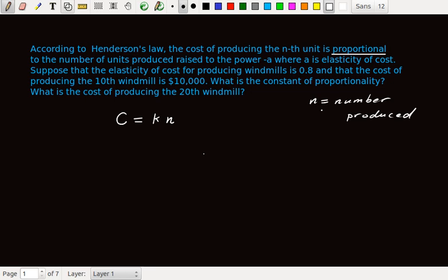Always a good idea to keep your variables labeled. N raised to the power minus A. So here we're going to take as our power minus A. So this is the mathematical formulation of Henderson's law.